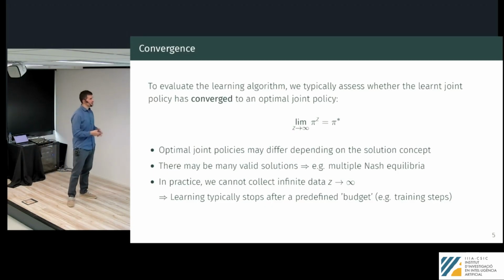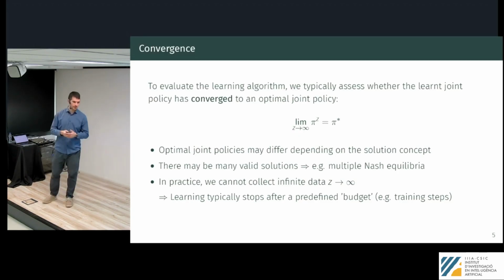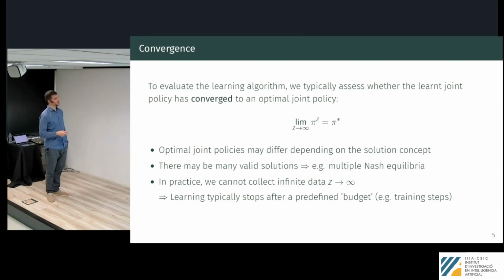But then there are many different concepts that describe successful learning, that describe what it means to converge to one of these solution concepts. The most common one that you see classically in these papers is that we say that we have learned a joint policy if we converge in the limit to a solution. So in the limit of z going to infinity, remember z is the iterator that we use in the learning framework.